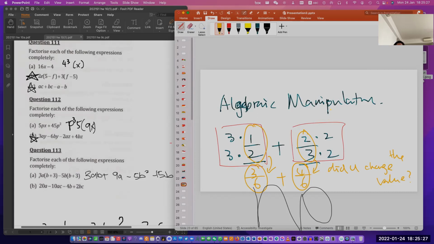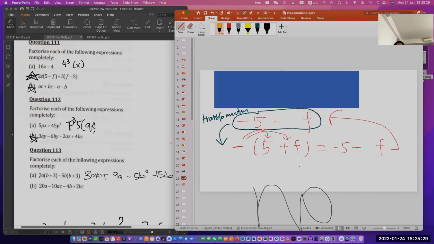That's the key. That's the reason why we are doing transformation here: once we have done this transformation, it's easier for us to combine or split, and easier for us to proceed, but you cannot change the value. That's the reason why I want you to test on the spot and see if you can get back the original.